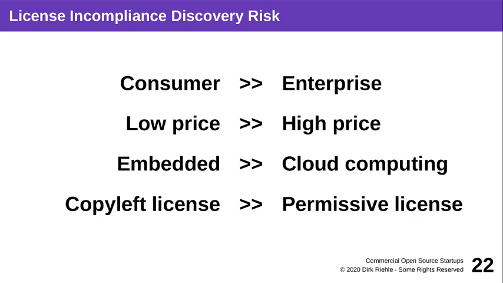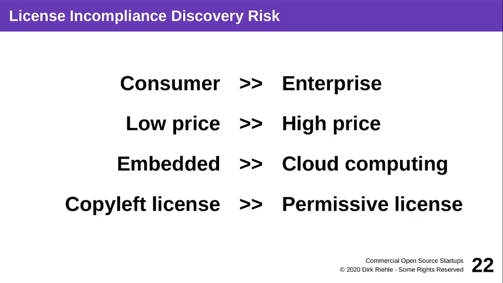Well, it's higher in the consumer space than in the enterprise space, because consumers might be more open source enthusiasts. Low price has a higher risk than high price, because you need to get your hands on the software, or say a device which includes the software, which then should have the legal notices. If it's embedded, it's more easily accessible to people rather than if it's in the cloud and just a service over the web.